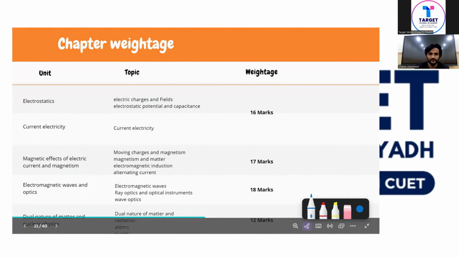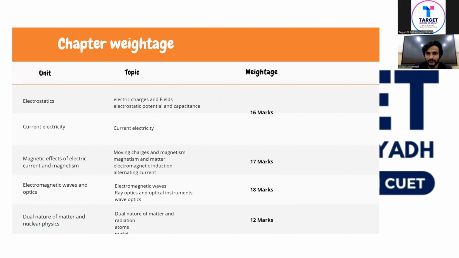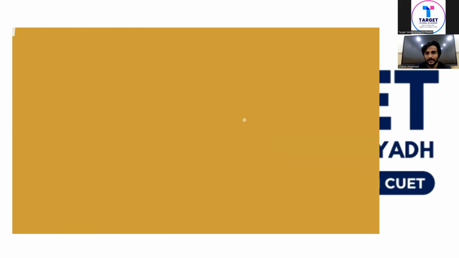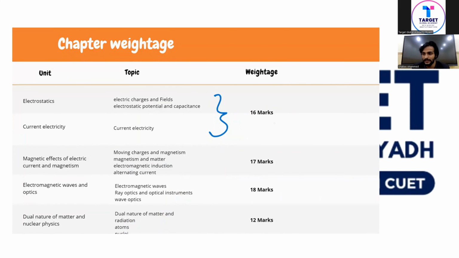So this is the weightage of the chapters. You can see here the first, electrostatics and current electricity. From the first 3 chapters, we can expect questions for 16 marks. This is the first chapter, second chapter, and third chapter.